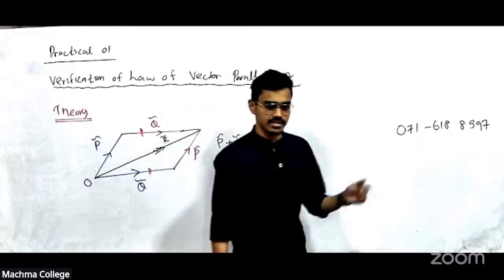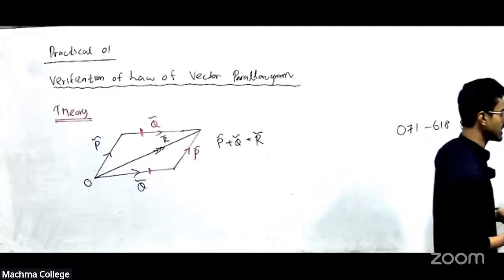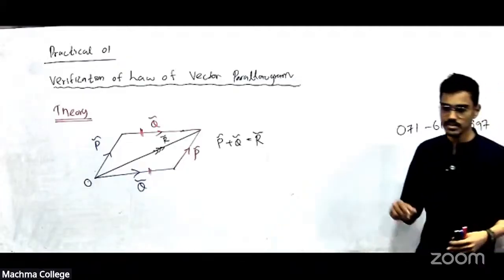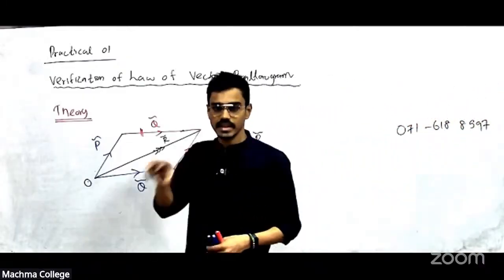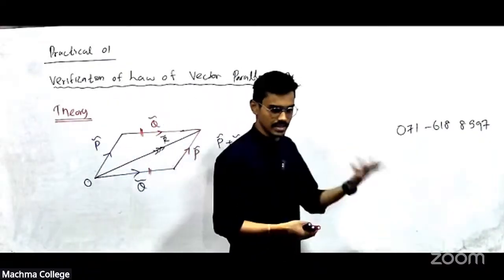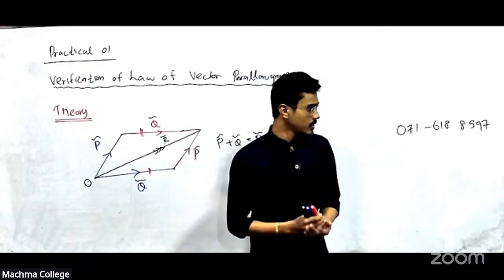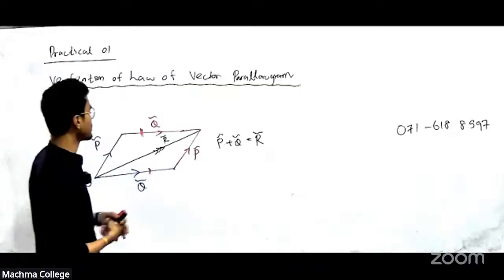Division is multiplication with fractions. Likewise, subtraction is the addition of negative numbers. That's the same function. Okay. So therefore, this is what we are going to prove.